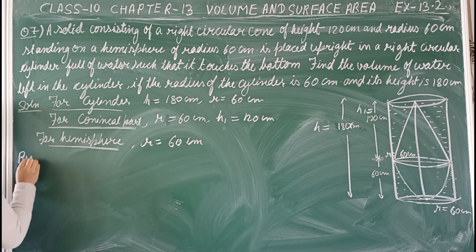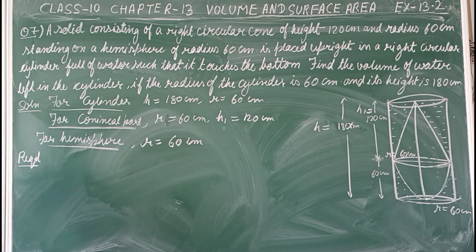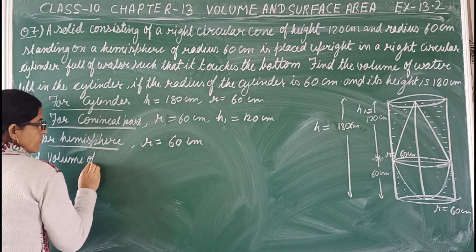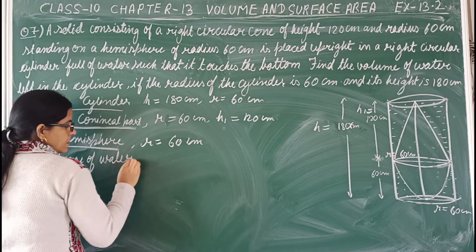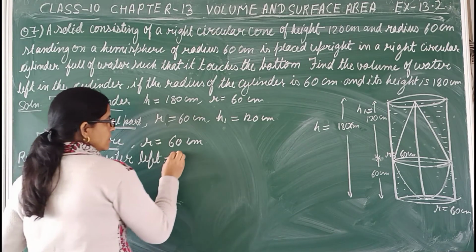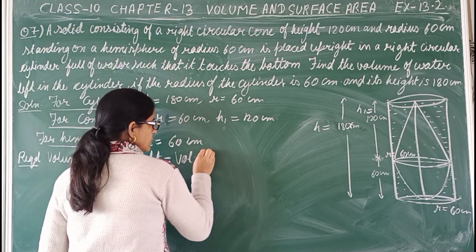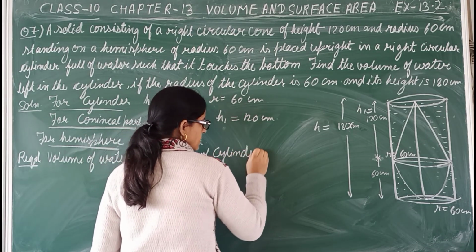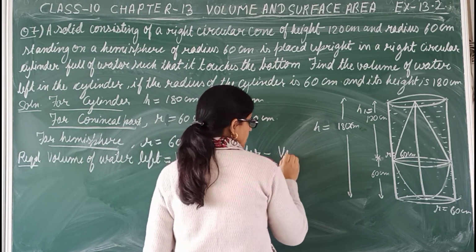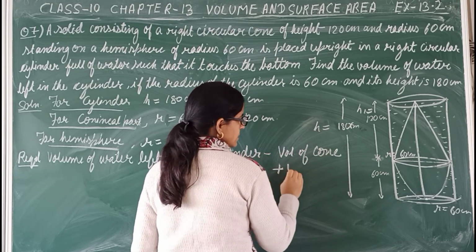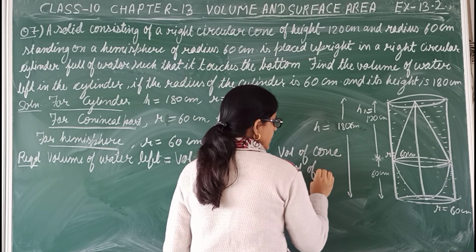So, required water left equals volume of cylinder minus volume of cone plus volume of hemisphere.